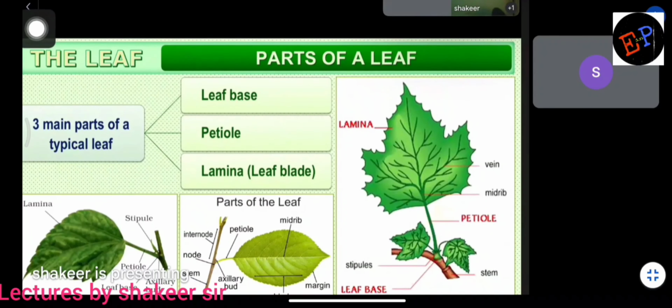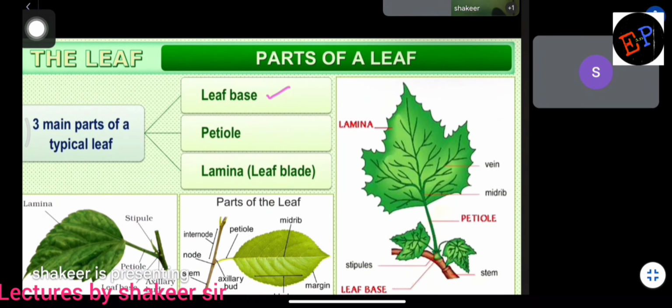So the three main parts of a typical leaf are what? Leaf base. What is meant by leaf base? That is the point from where a leaf originates from the stem. Are you able to understand? Or you can say that is the point where the petiole is attached to the stem. That region where the petiole is attached to the stem, you can call it the leaf base. Okay.